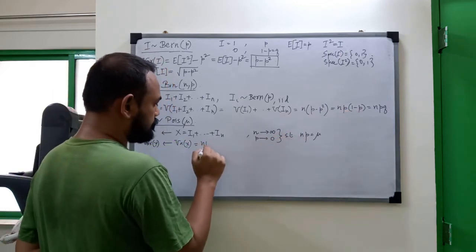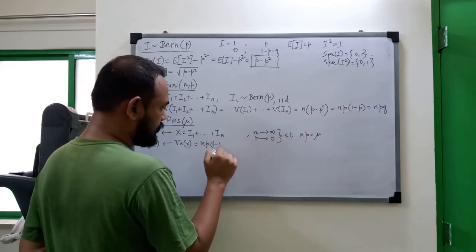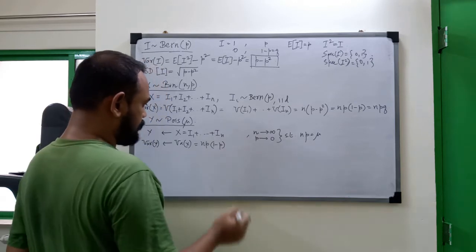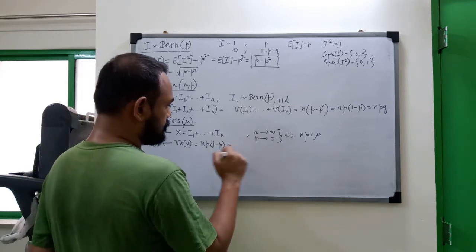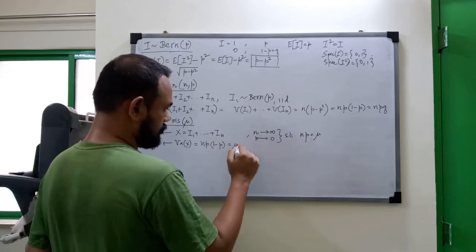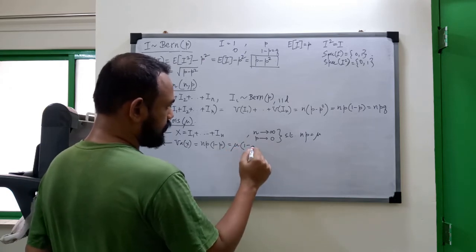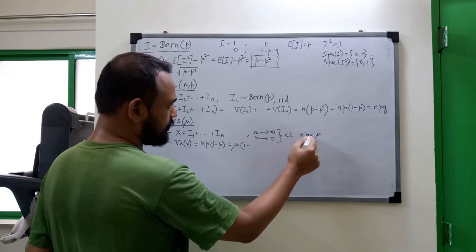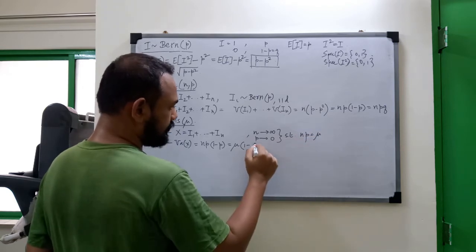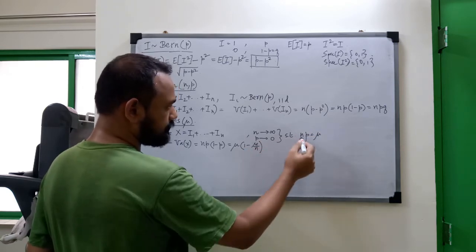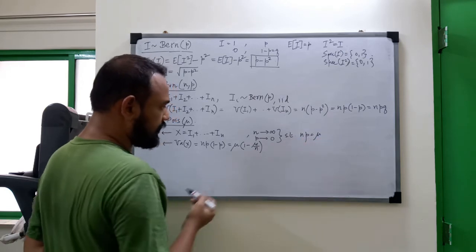It's np(1 minus p). Okay? But that's np is mu, and 1 minus p is 1 minus mu over n, right? From this relation, p is mu over n.